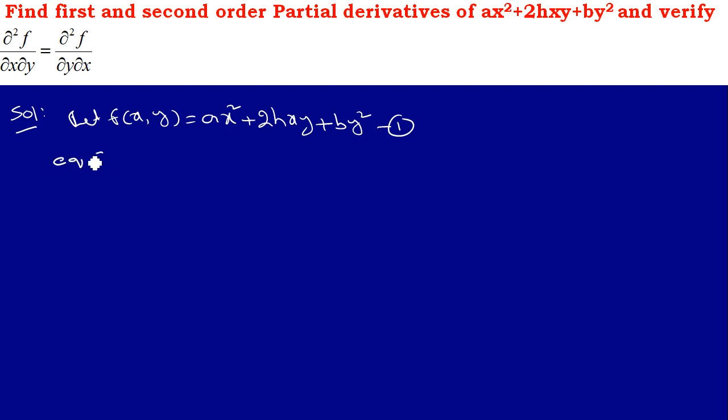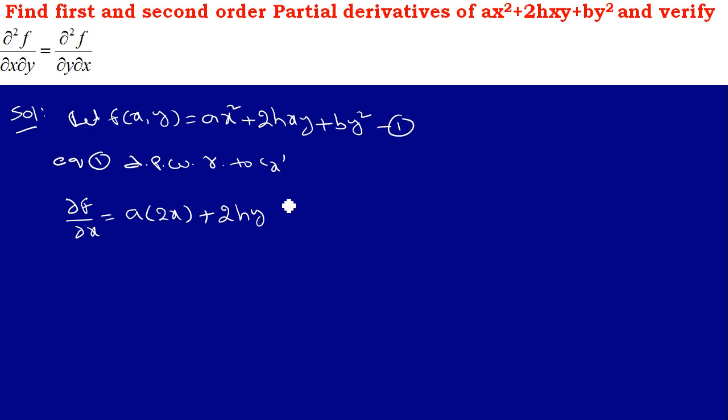So first, equation 1, differentiate partially with respect to x. So ∂f/∂x: ax square differentiation is 2x, plus 2hxy, y is constant, x differentiation 1, plus by square is constant, differentiation 0.